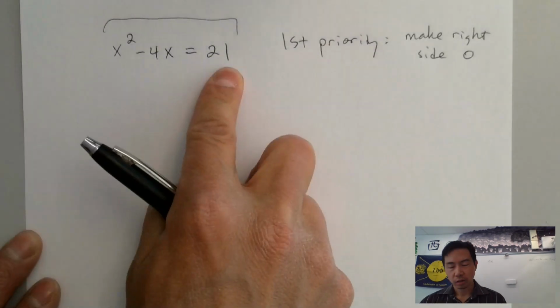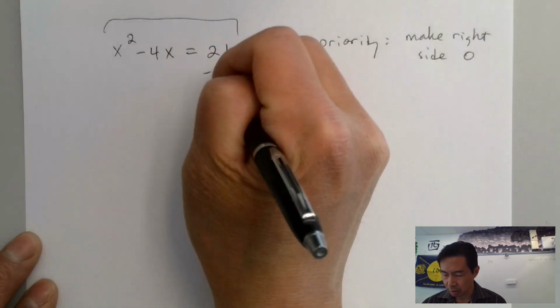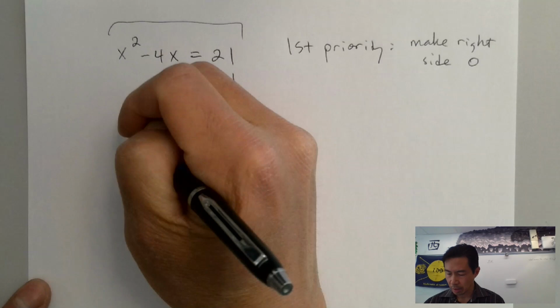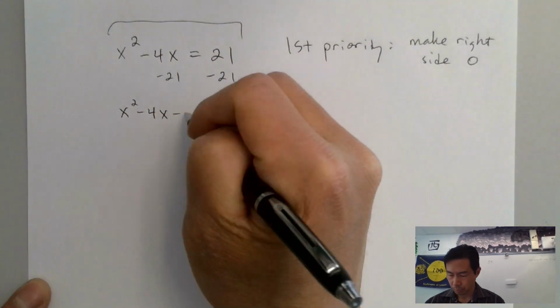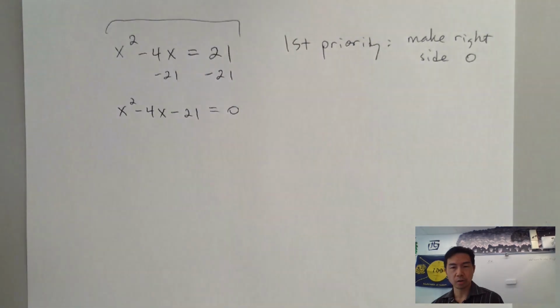Okay, no problem. If I want to make the right side 0, I'm just going to subtract 21 from both sides. It only takes one step. Okay, the right side is 0.